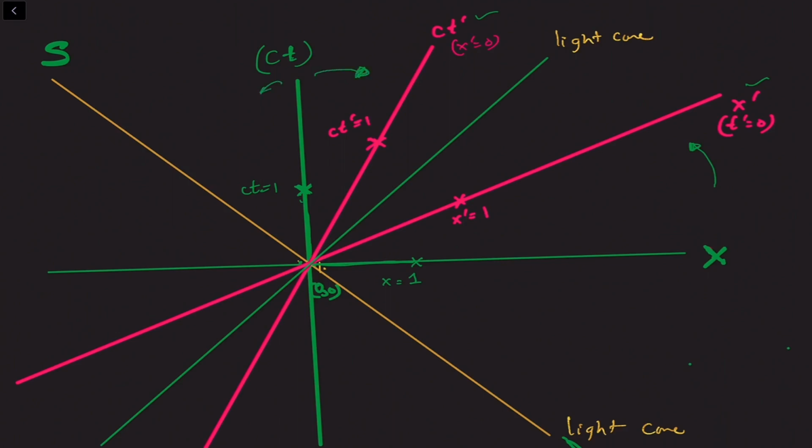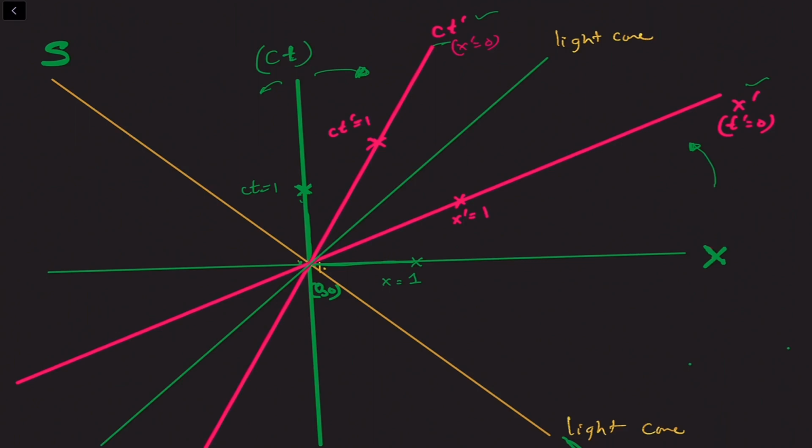So on our sheet of paper, the t prime axis and the x prime axis are non-orthogonal. It would appear on our sheet of paper that by making a Lorentz transformation, we have gone from an orthogonal coordinate system to a non-orthogonal coordinate system, or what is known in coordinate geometry as oblique axes.